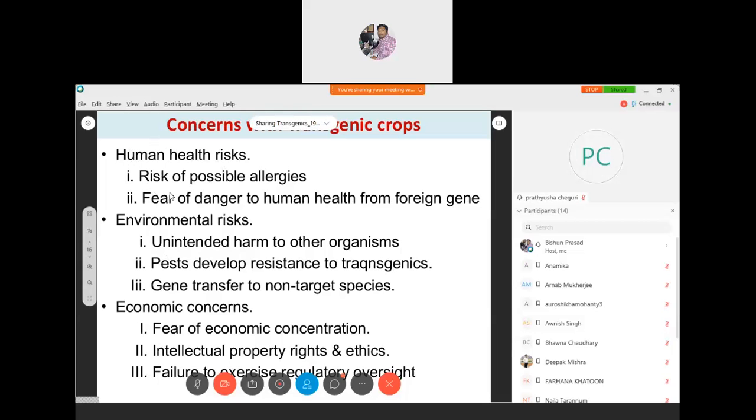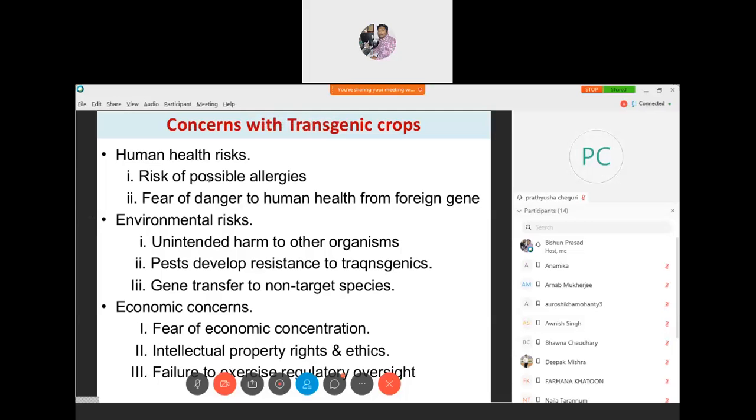So there is a possible allergen. Some people say that the transgene may have a possible allergen, and there is a fear of damage to human health from the foreign gene. So they always fear that if a foreign gene enters our body, it may lead to some damage. But these concerns are not scientifically correct, because whenever you want to make a transgenic, first you have to test whether it has a possible allergen or not.